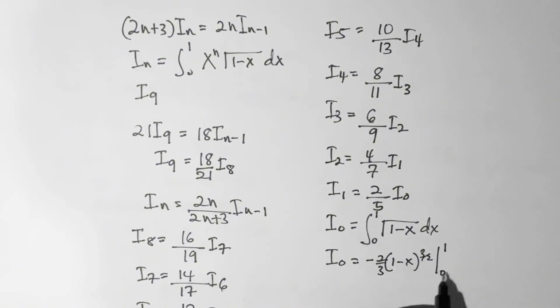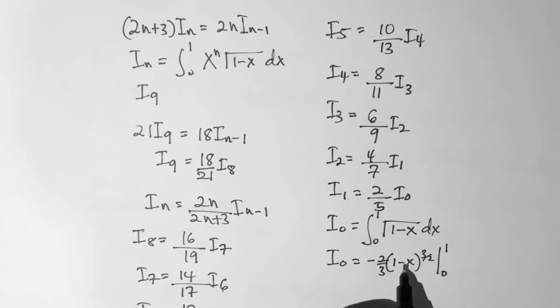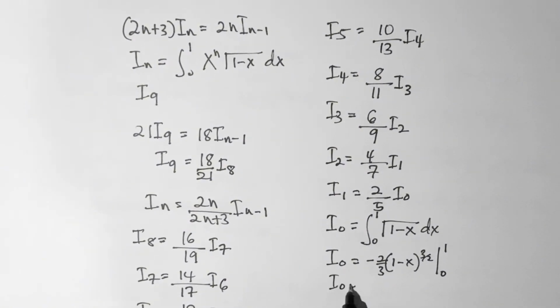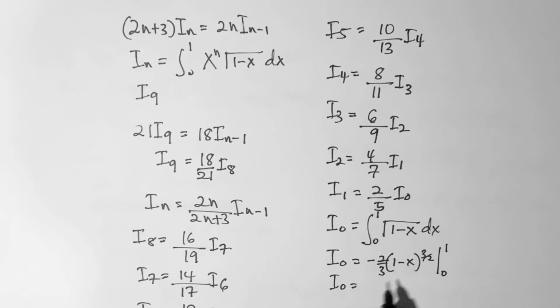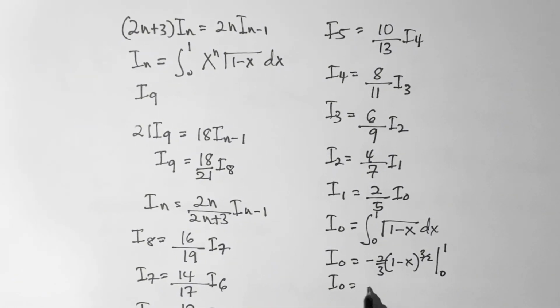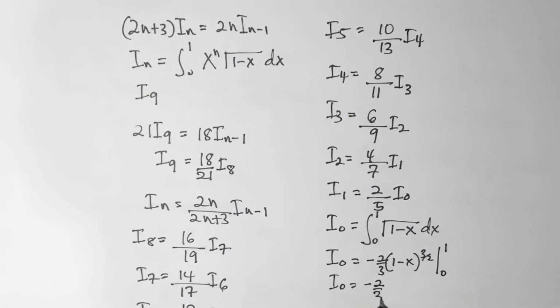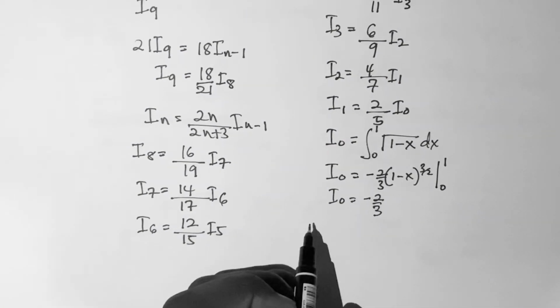Now, if you put in 1 here, you will get 0. So I of 0 will be equal to, if you put in 0 here, we will get 1 exponent 3 over 2, which is 1, and then times minus 2 over 3 will give us minus 2 over 3. So we've gotten I of 0.